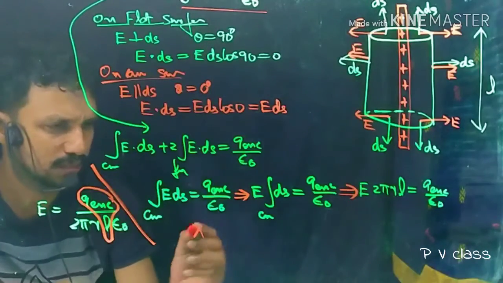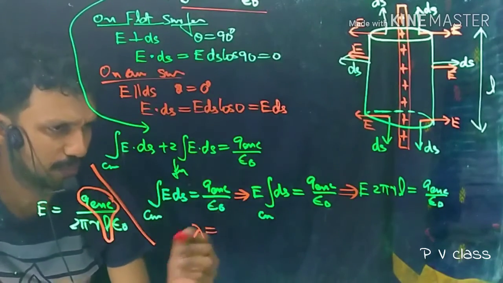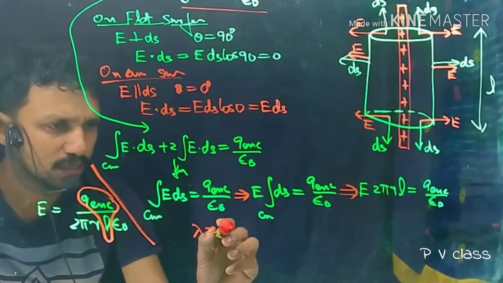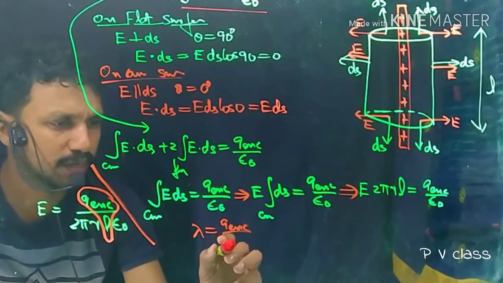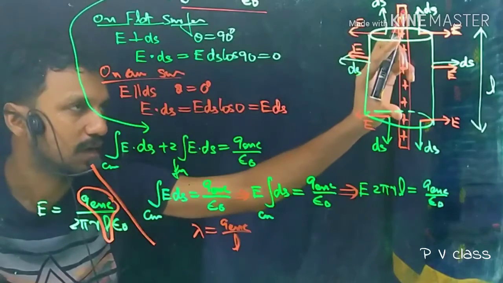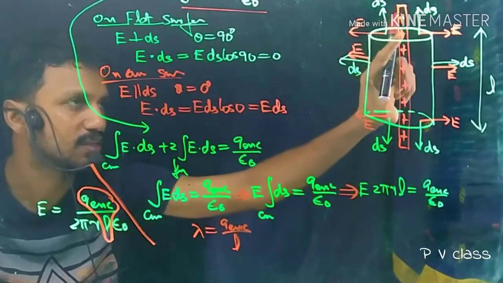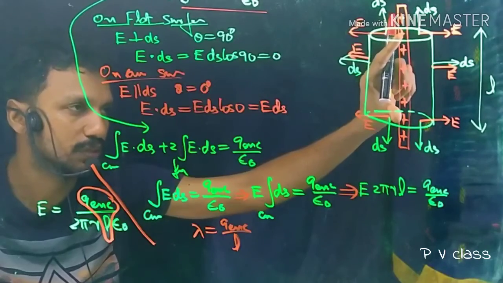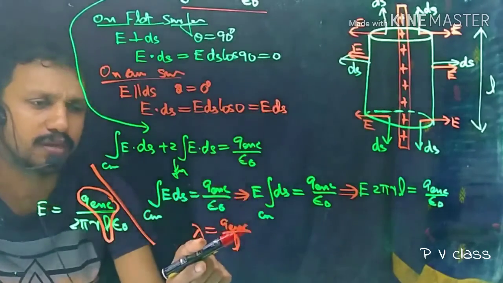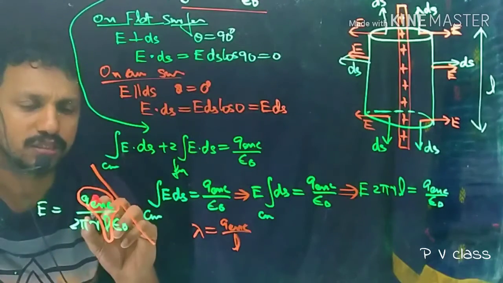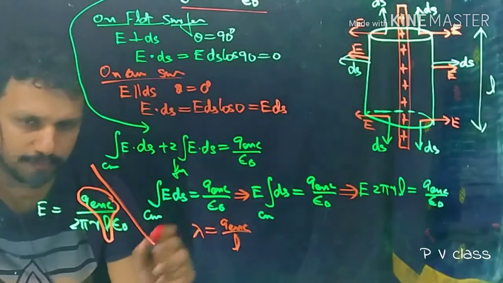What is linear charge density? It is the total charge divided by total length or charge per unit length. Therefore, we could write Q enclosed by L is the charge enclosed divided by the length of the conductor which is enclosing that charge. It will be linear charge density lambda. Therefore, I could write lambda instead of Q enclosed by L.